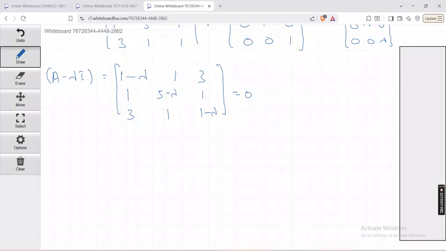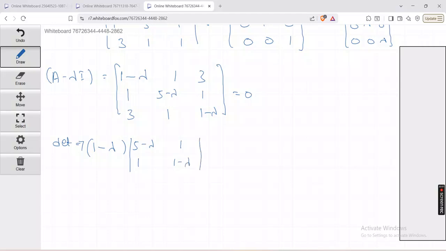So now we take the determinant, which is equal to 1 minus lambda going outside. For this row and column, you hide them, so what's left? 5 minus lambda, 1, 1, 1 minus lambda.